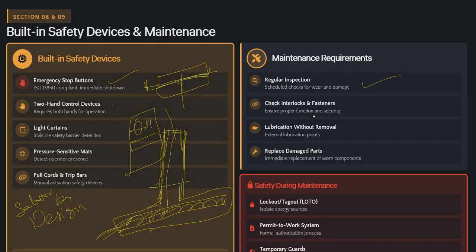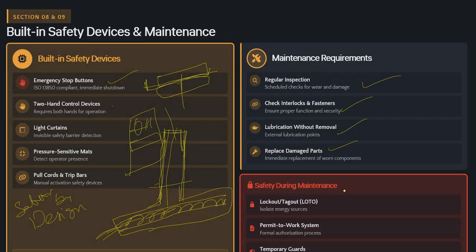So check the interlocks and fasteners. Lubrication without removal: locate the lubrication points outside the machine body, not inside. If they are inside the machine body, people try to remove the guards to reach them. That is one. And replace the damaged parts, such as worn guards or rusted guards.